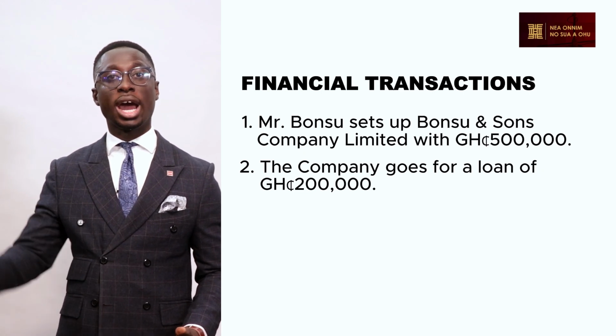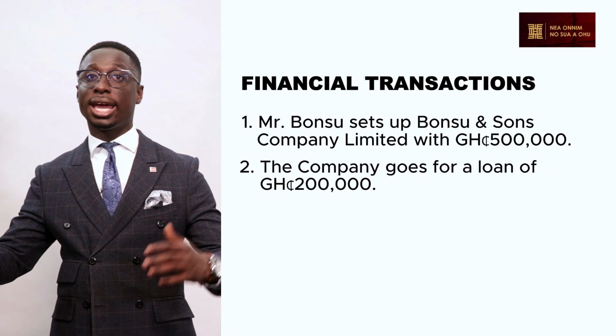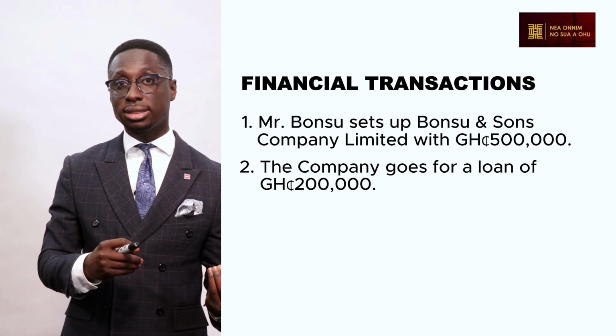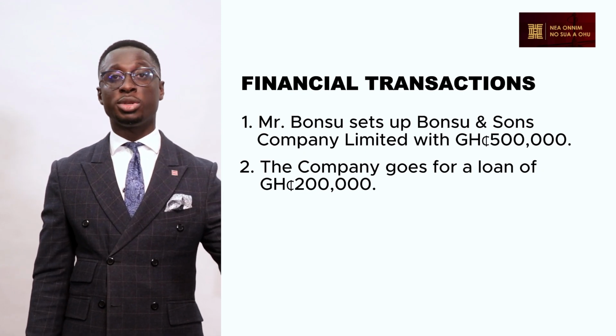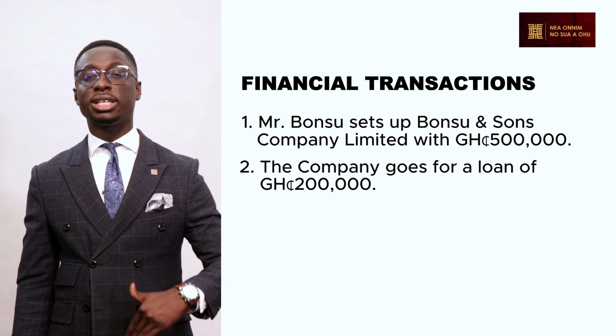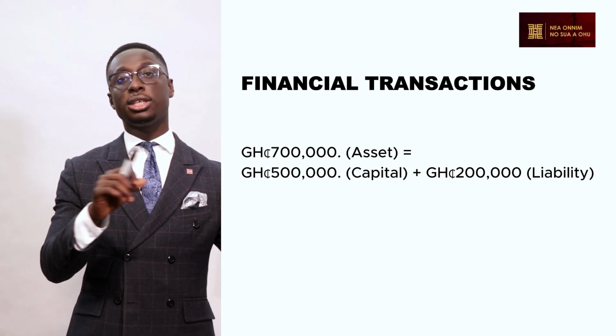So the loan will go up by what? 200,000 Ghana cedis. And then, once they've gone for the loan, they have received cash. So that would also come into the assets, which will be worth how much? 200,000 Ghana cedis.